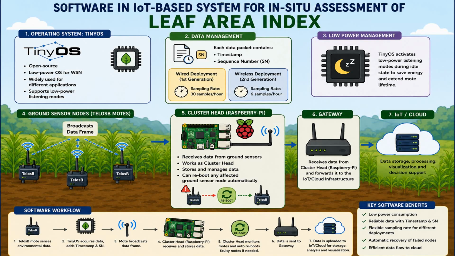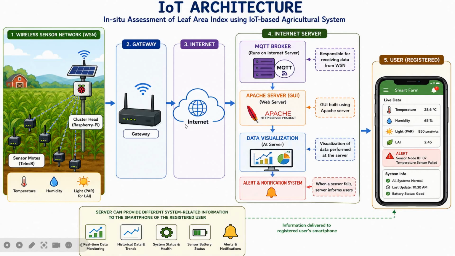So overall, the software architecture ensures efficient, reliable and energy conscious operation of the smart agricultural monitoring system. Here in this image you can see the IoT architecture of this LAI assessment system, which is used for smart agriculture. This architecture enables the data collection, communication, processing, visualization and user notification through an internet-based platform.